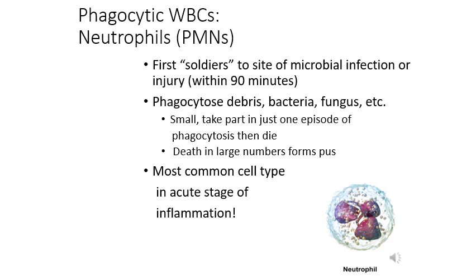The neutrophils are the very first type of white blood cells to go to the site of microbial infection or injury. They usually are there within 90 minutes of injury. They have a short lifespan of about 12 to 18 hours. And if they're working during a very active infection, they might only live for a couple of hours at a time. But the maximum lifespan is really that 12 to 18 hours.